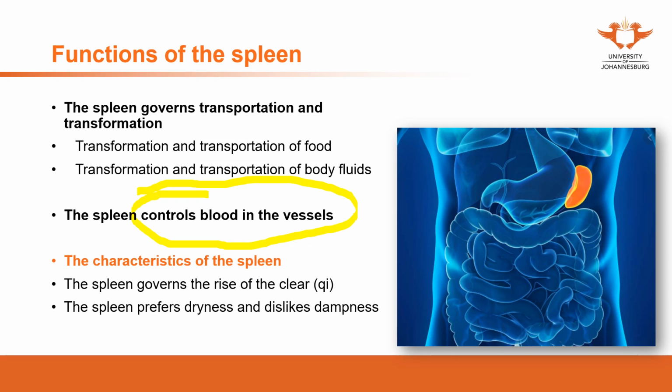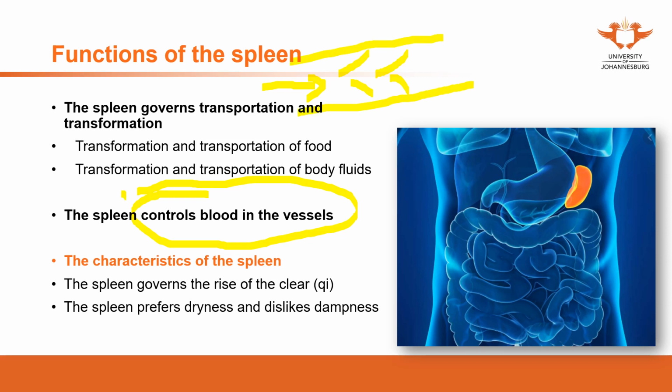When we studied the lung's function, we also mentioned that the qi from the lung also promotes blood circulation. However, the movement of the blood needs another support from the spleen to control the blood in the vessel. Otherwise, the blood will move here and there, out of the vessels. When the blood moves out of the vessels, we call it bleeding. It will result in bleeding.